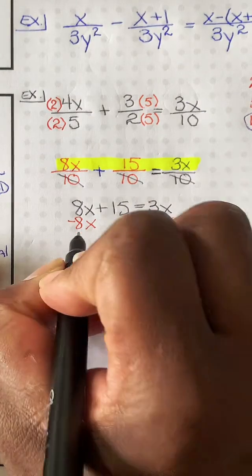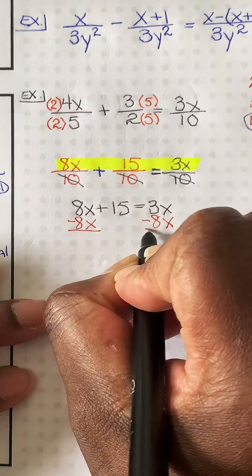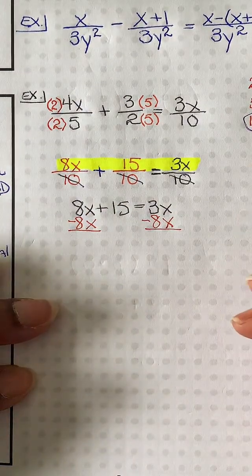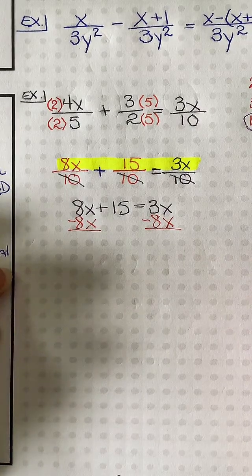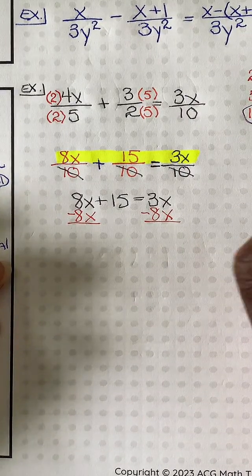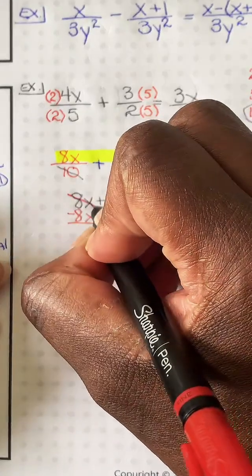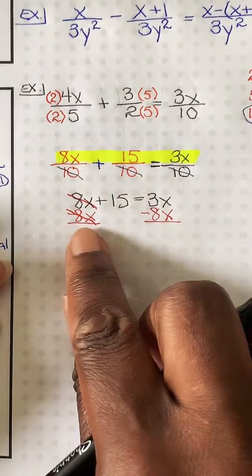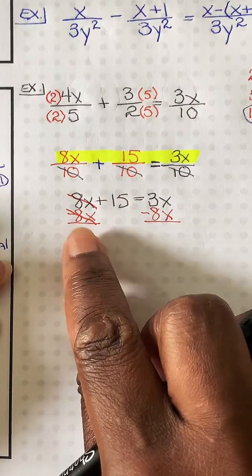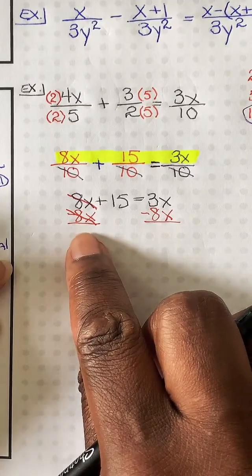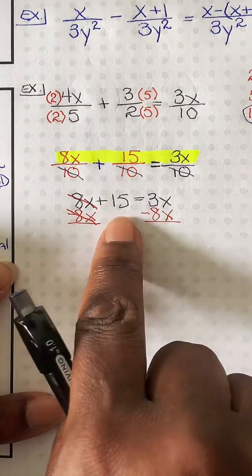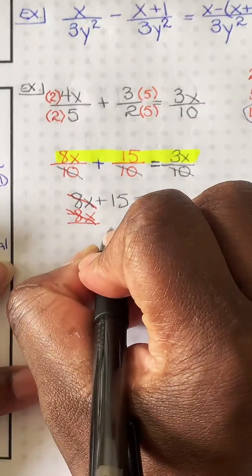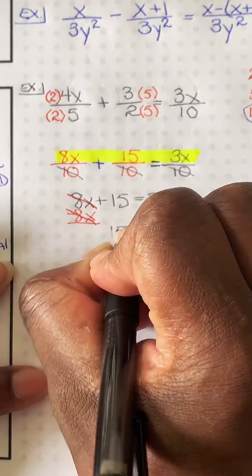You could subtract the 3x, but then you will have to subtract the 15. For me, I'm lazy. I don't like to do too many steps. So we have 8x minus 8x will give me 0. But I don't need the 0 as a placeholder because I still have this 15 that's on the same side.